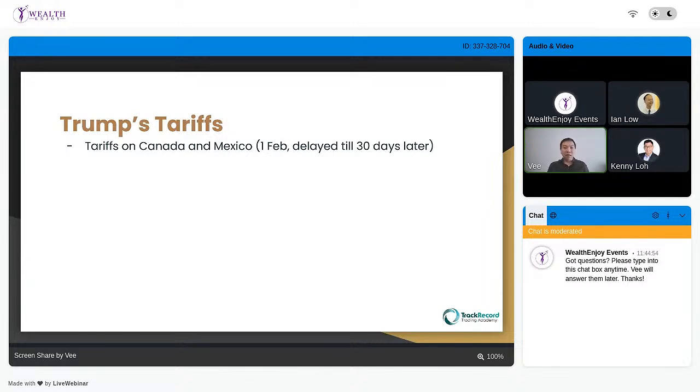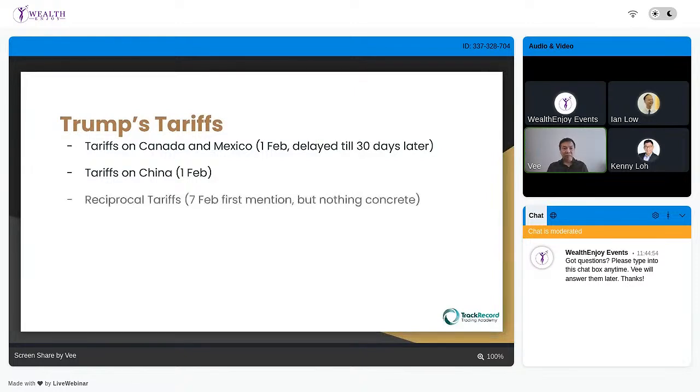And he continues to threaten more tariffs on them if they don't execute. And the only tariffs he seems to have really executed is, of course, on China, and some reciprocal tariffs he threatened to execute, announced this week, but there's really nothing concrete yet.